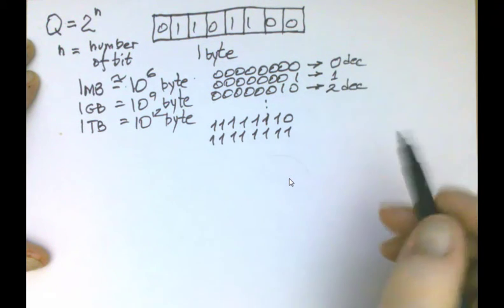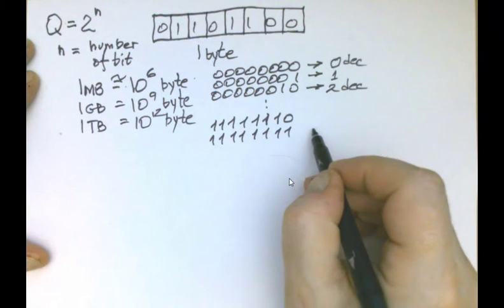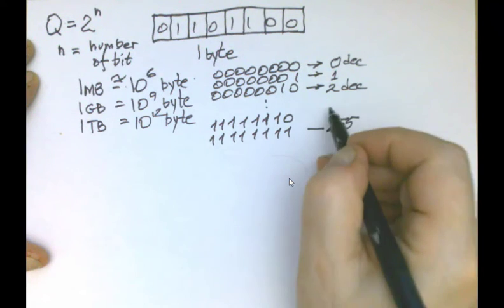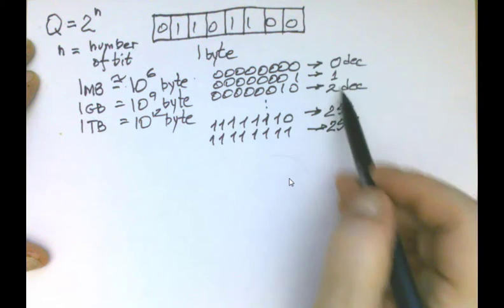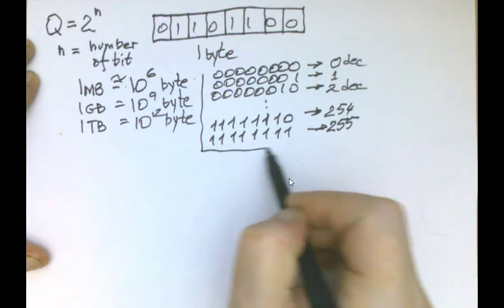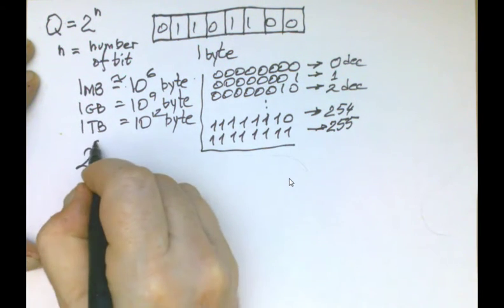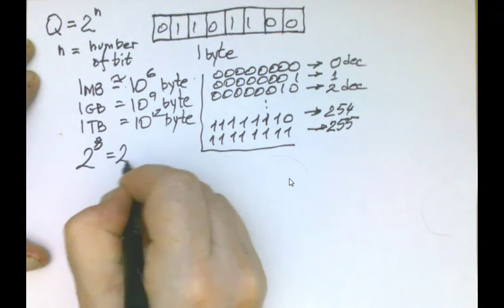I do not want to repeat the technology, and I know that the last one will be 255 and the previous is 254. Beginning from 0, the number of bytes that can be placed in an 8-bit placeholder is 256. So 2 in the power of 8, where 8 is the number of bits, is 256.